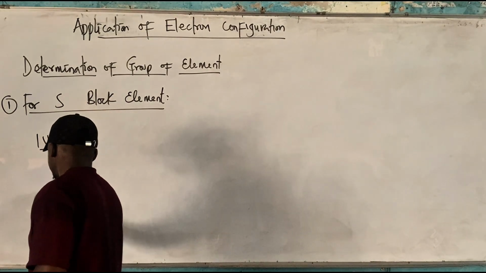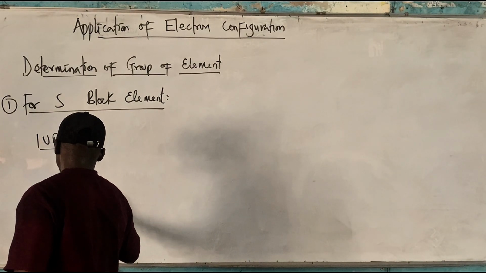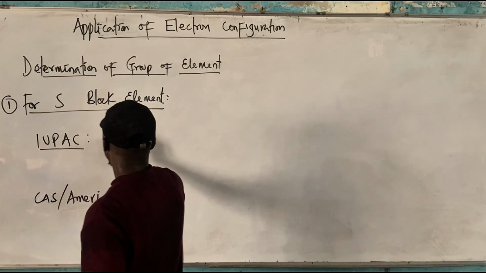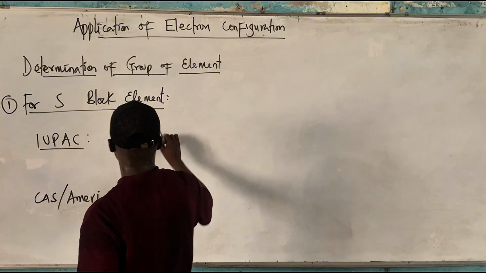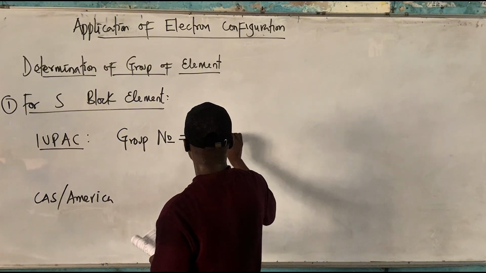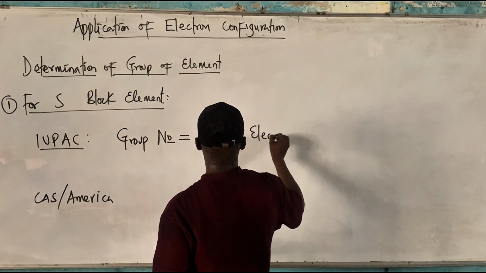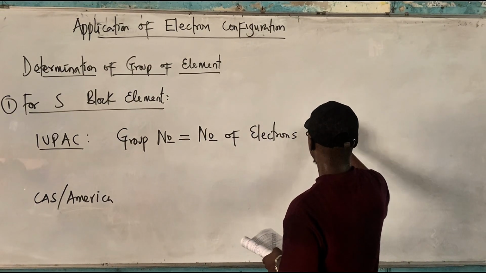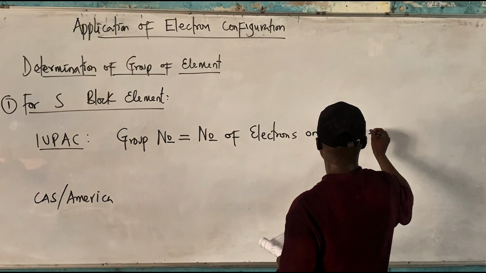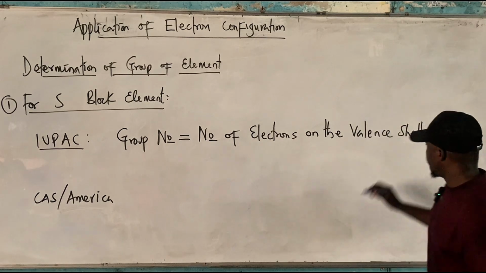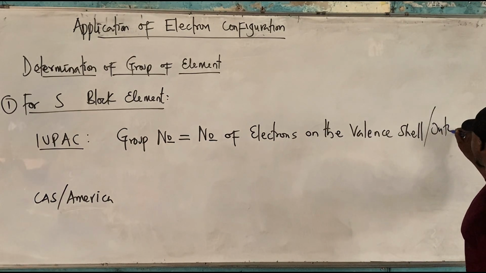So for the CAS/America, now let's look at this. For the IUPAC, the group number would be the number of electrons on the valence shell. Remember, valence shell is the same thing as outermost shell.